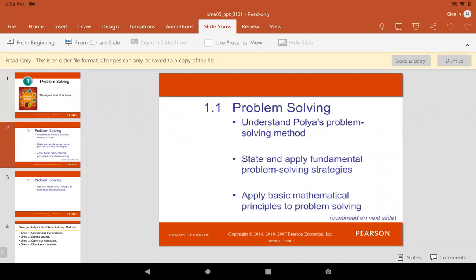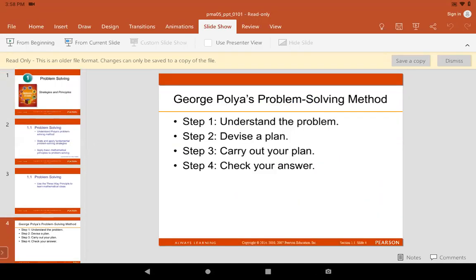So, what your main takeaway should be is that there are several ways to approach problem solving. The 4 steps that we try to follow are to understand the problem, devise a plan, carry out the plan, and check the answer. And those strategies can help us understand the problem and help us start to devise a plan.